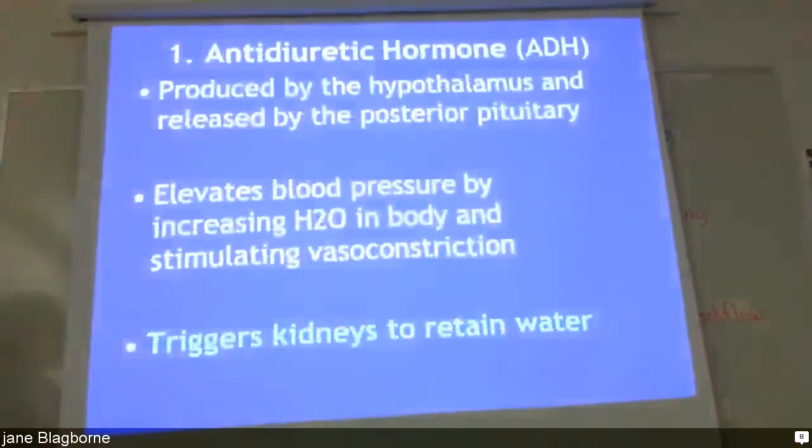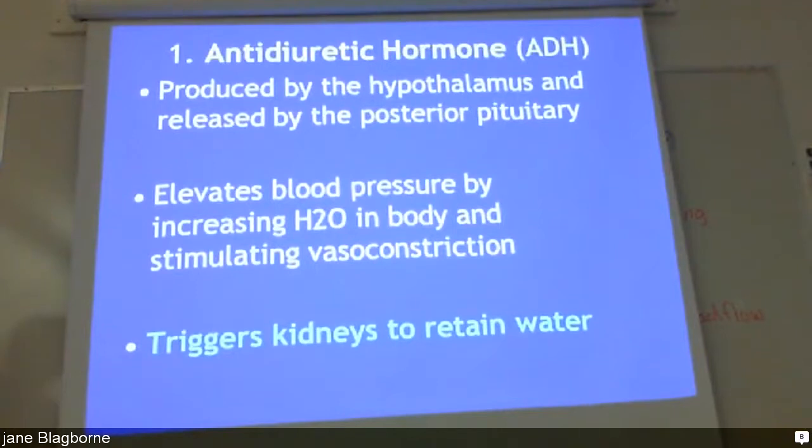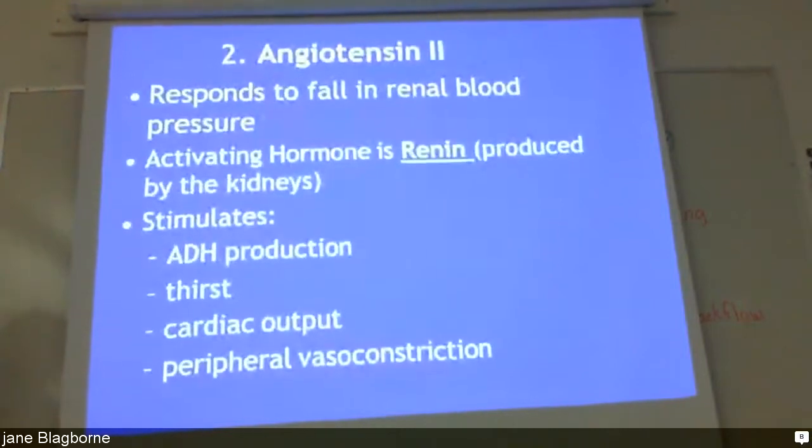I haven't read that for a long time. So the antidiuretic hormone just triggers the kidneys to retain water. But the nice part is you can go back and look and familiarize yourself with it.